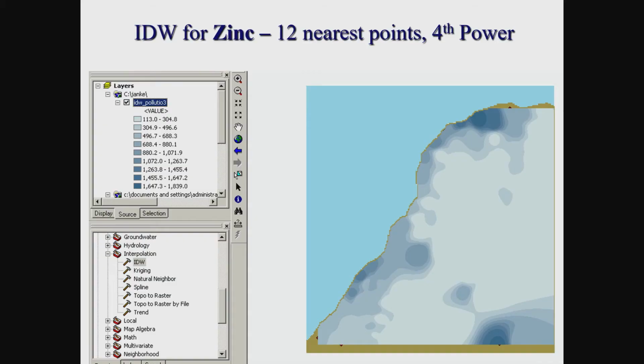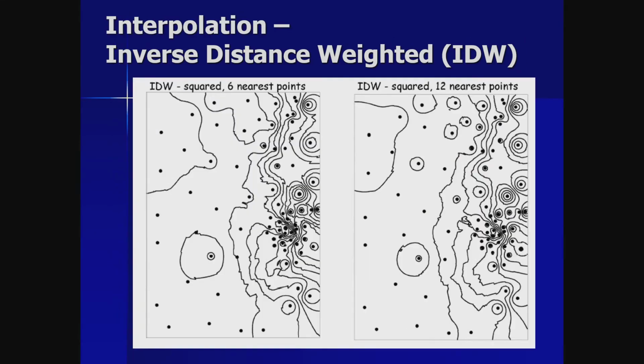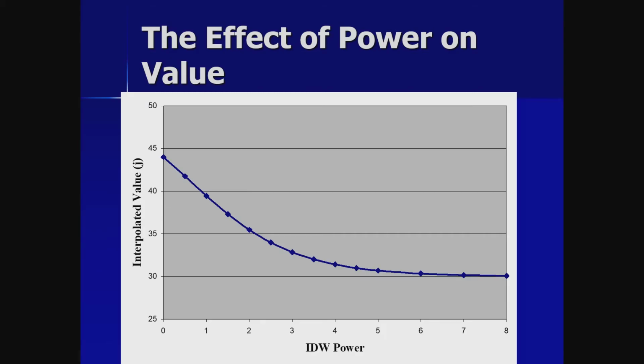All right. And notice if I go back to the formula here, there is an exponential term right here. This R term, that is referred to as the power. Okay. If the power is, basically if the power is 1, then it's a linear interpolator.